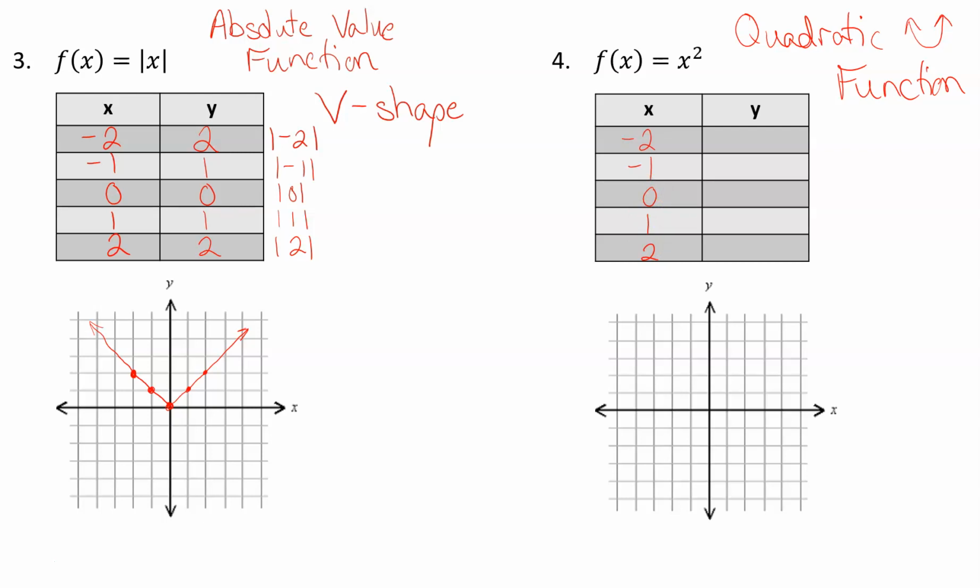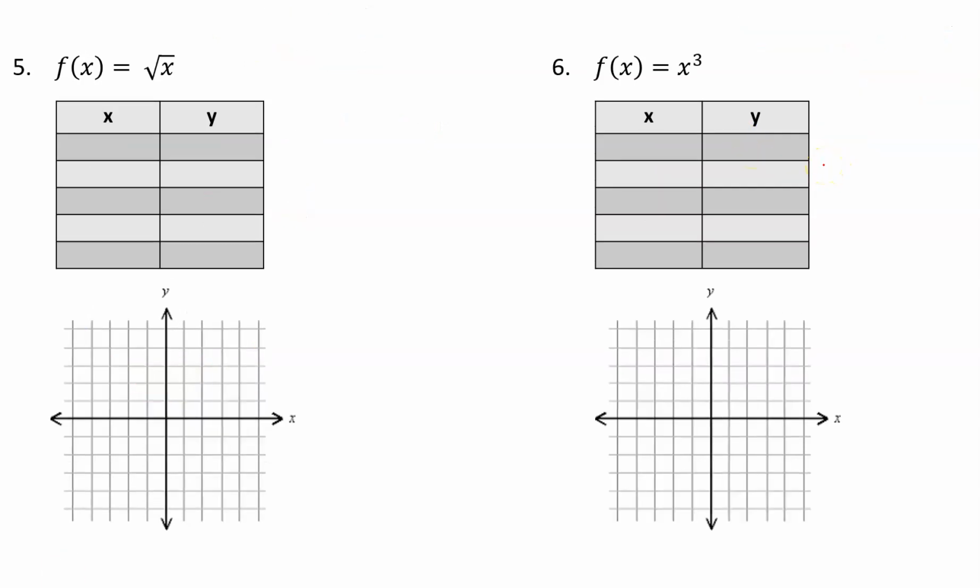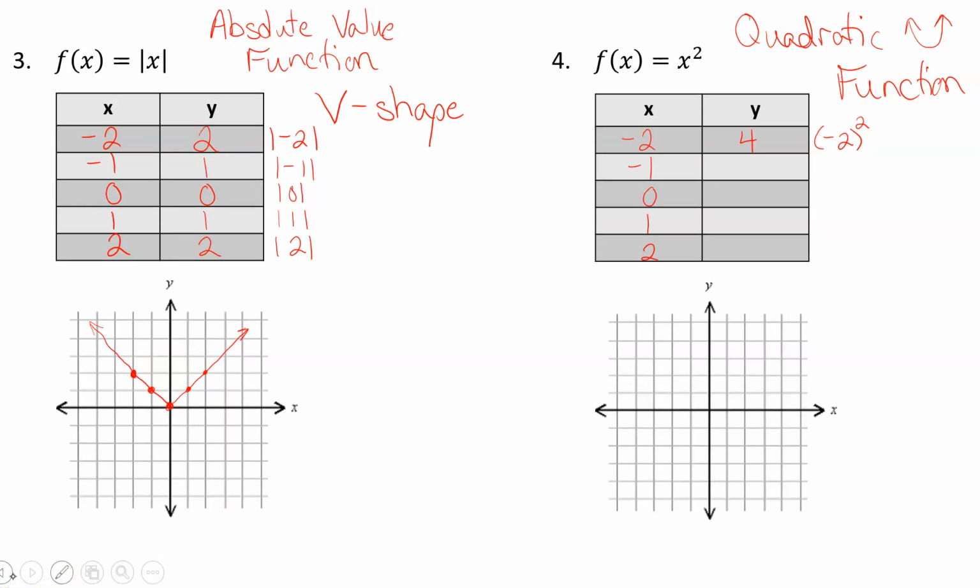So we're going to use the same x values, -2 to +2. And when we substitute, we will put parentheses because we have this square. So parentheses -2 squared, which means -2 times -2 is +4. And then -1 squared. -1 times -1 is +1. 0 squared is 0. 1 squared is +1.